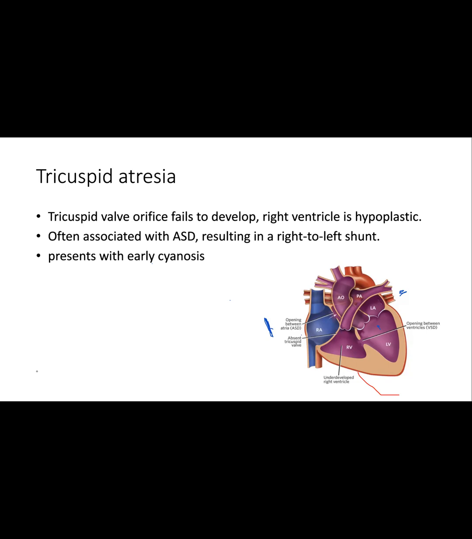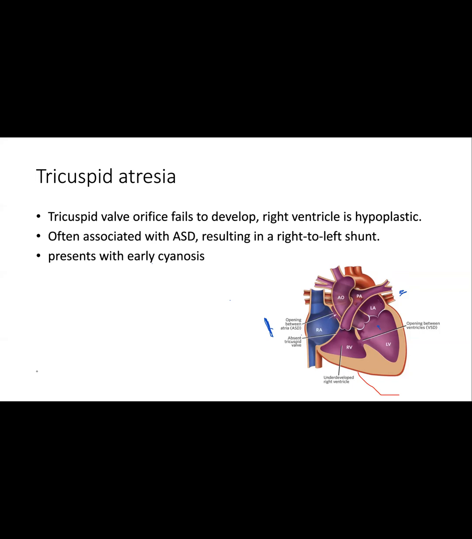Because there's complete blockage, there's absence of the valve, the right ventricle is hypoplastic. Hypoplastic basically means that there's an incomplete development, or underdevelopment, of an organ or tissue. In this case, there's no way for the venous blood to get oxygenated in the lungs because the pathway has been closed.